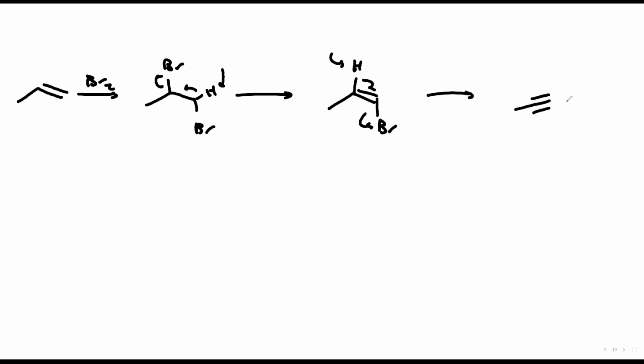Now, one thing that people always mess up every quarter is why do I need 3 equivalents of NaNH2 for terminal alkyne synthesis? Because after you go through one round of this reaction, you have this dibromide here, you have this hydrogen.